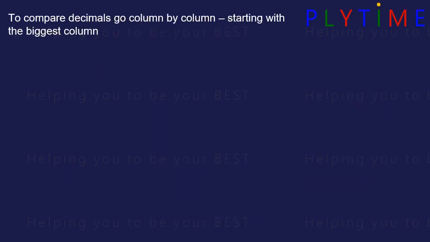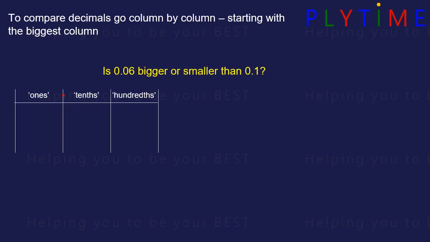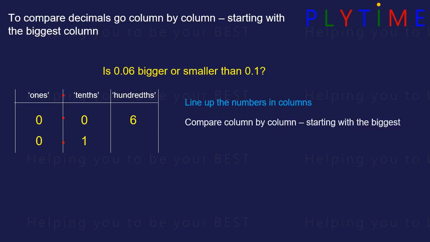To compare decimals, go column by column, starting with the biggest column. Is 0.06 bigger or smaller than 0.1? Let's put the numbers into columns, line up the numbers, 0.06 and 0.1. Compare column by column, starting with the biggest.